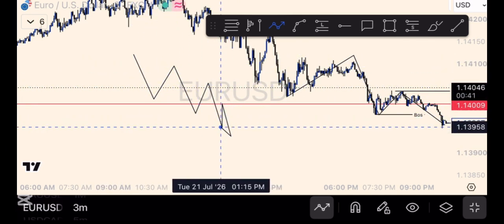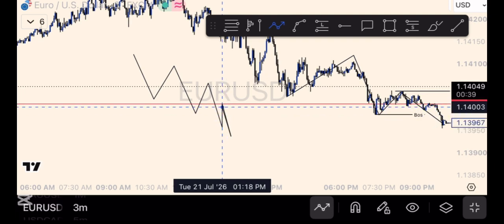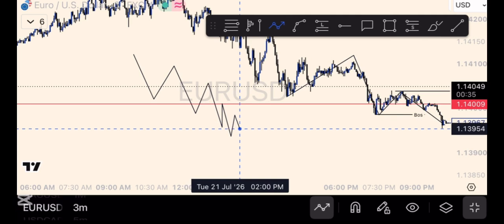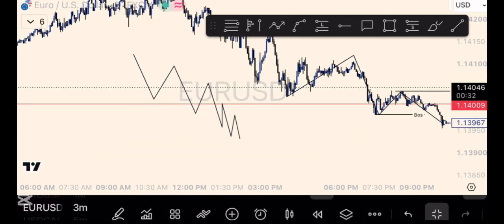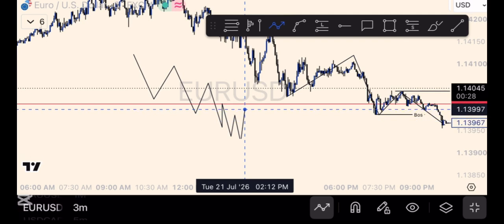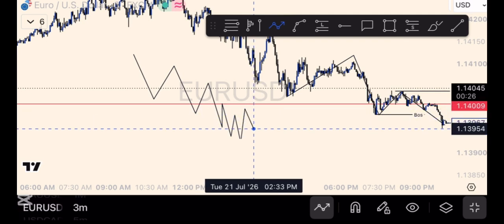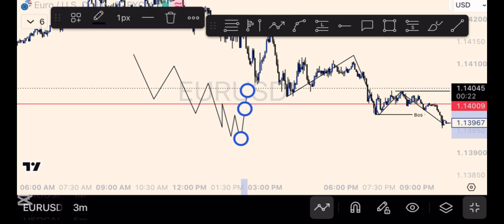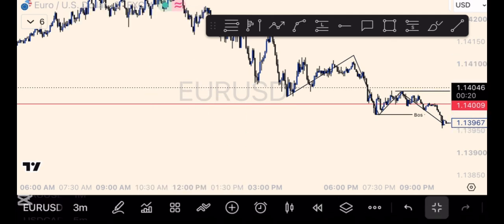Now you can see that the correction is getting reduced, and the imbalance too is also getting reduced. The moment you start seeing that, just know that price is ready to give some sort of change of delivery, or a change of character, any way you call it. But let's just use the simple term where everybody understands: change of character.